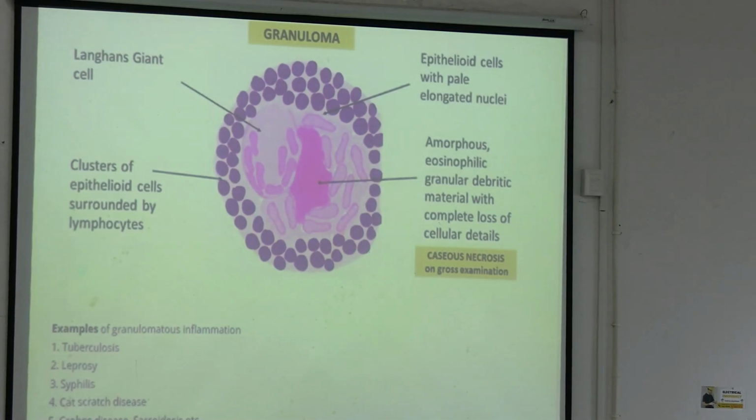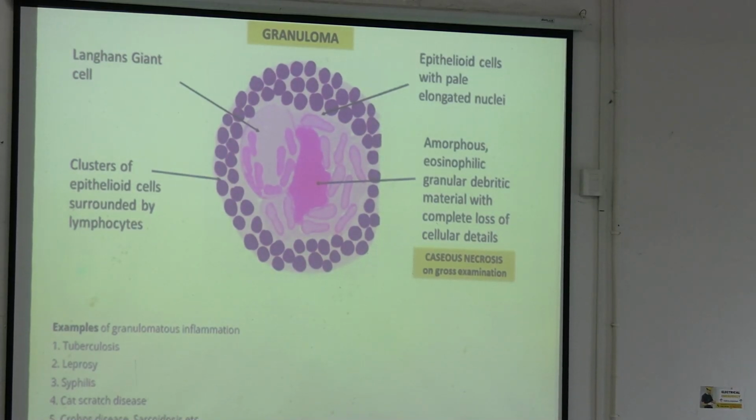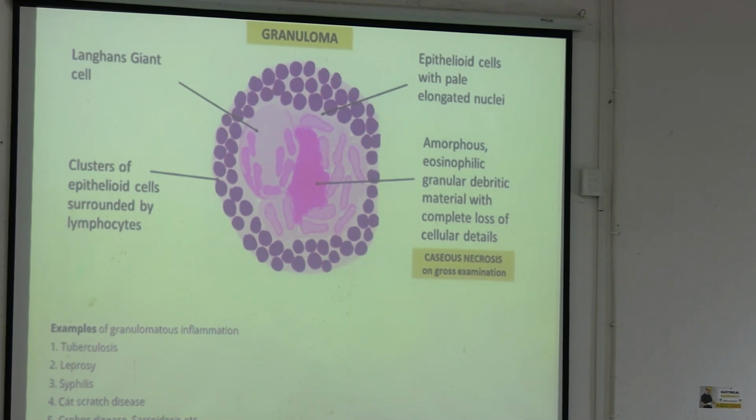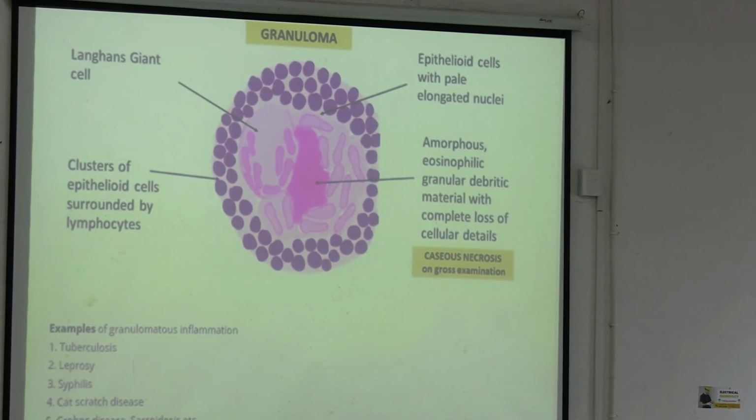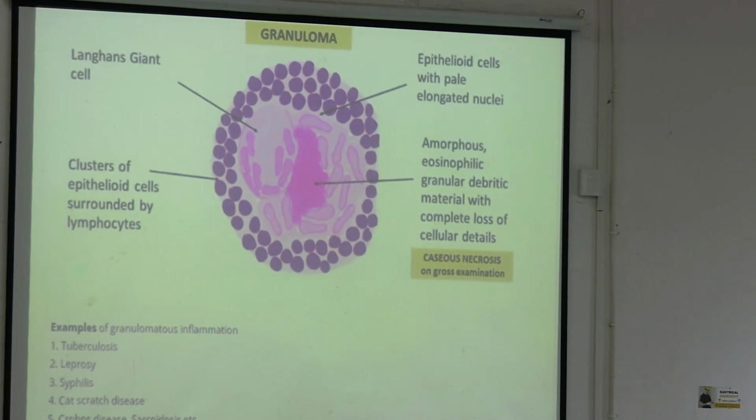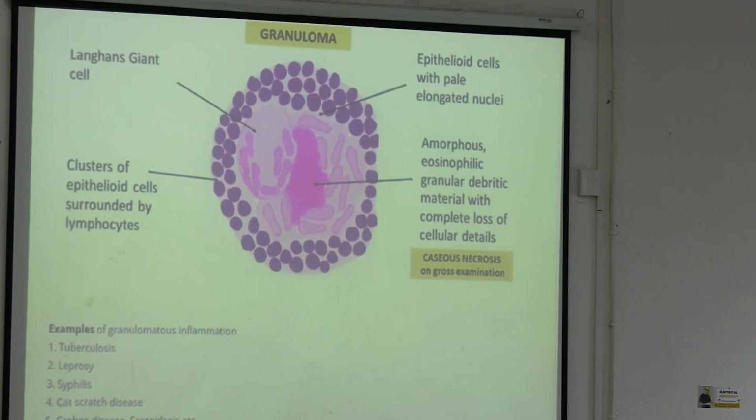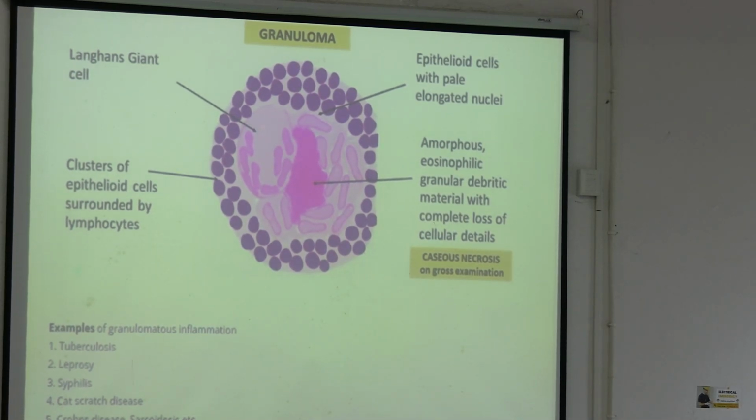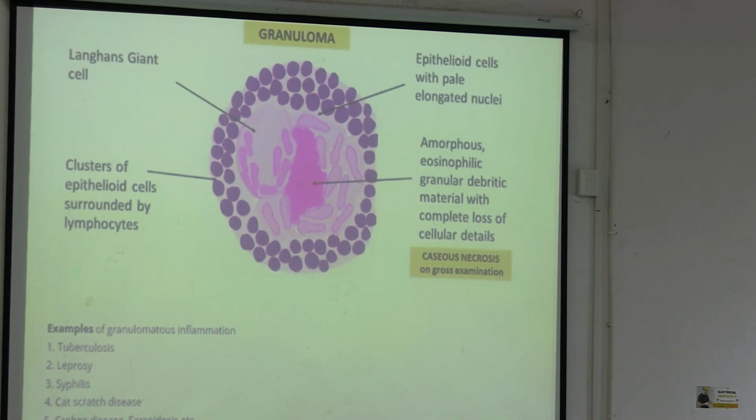কি হলো তাহলে? প্রথমে cheese-like material সেন্টারে থাকলো, তার চারপাশে collection of epithelioid cells, and some of the epithelioid cells fuse with each other and form a giant cell known as multinucleated giant cells. It is very, very common in case of tuberculosis.